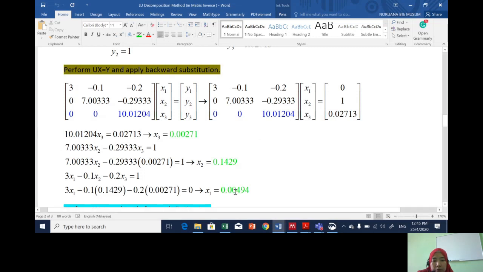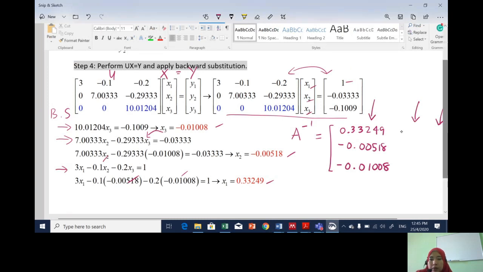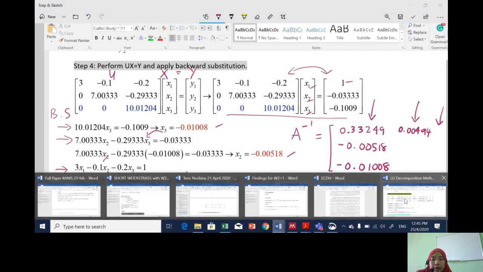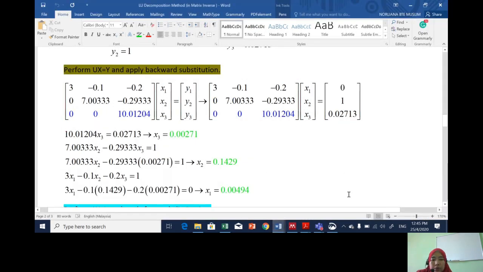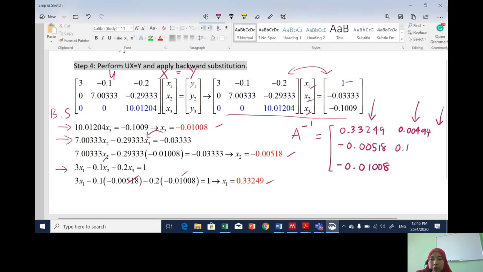So here 0.00494. So we are going to write down here 0.00494. And for x2, write down here 0.1429.